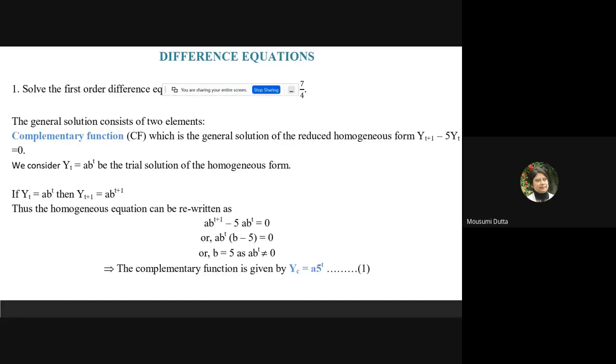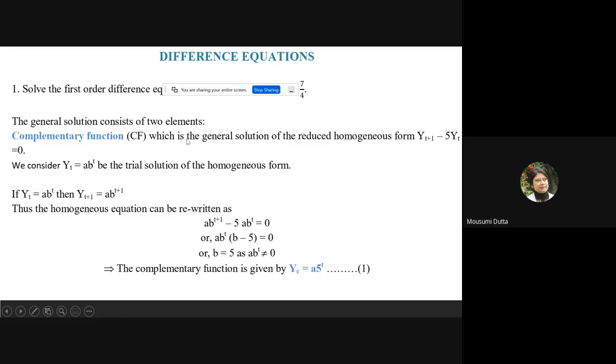So if I consider the complementary function as A b to the power t format, the question is, what is the role played by b? What is the role played by A? So these questions came to me. Now, if I start with this example, and if I consider y_t is equal to A b to the power t as our trial solution, okay.